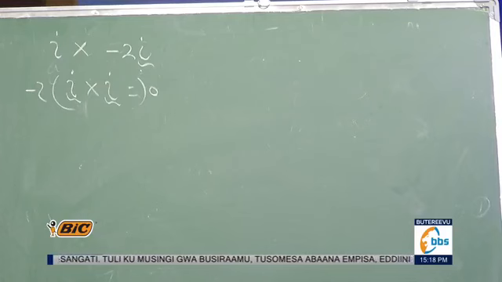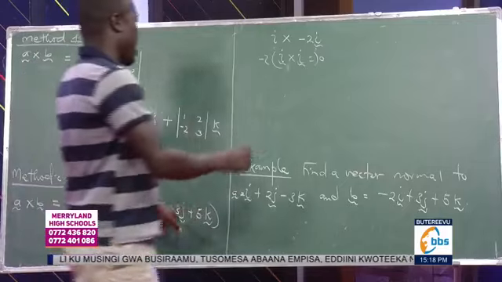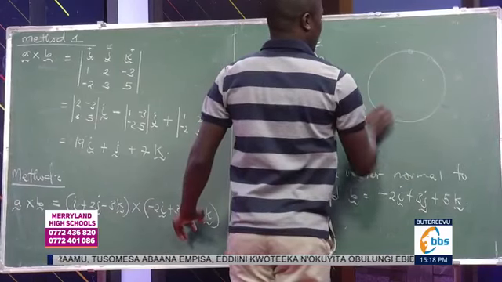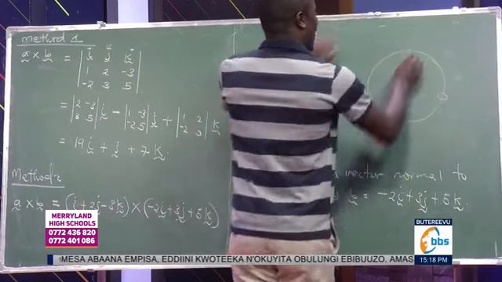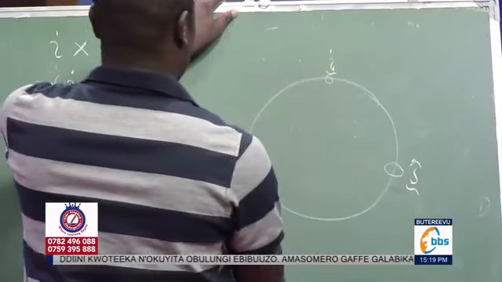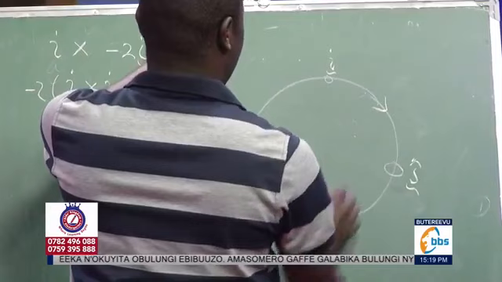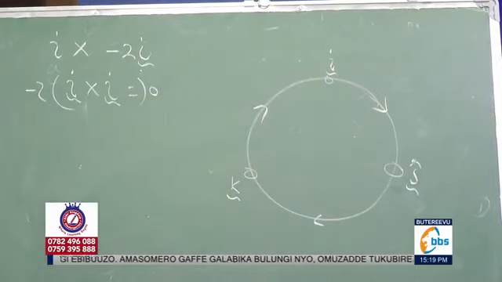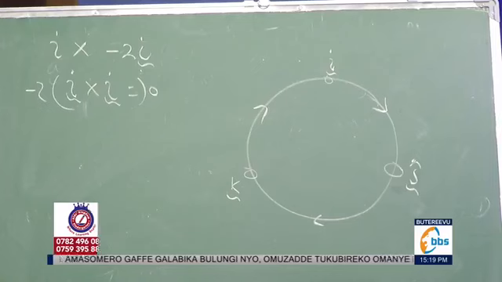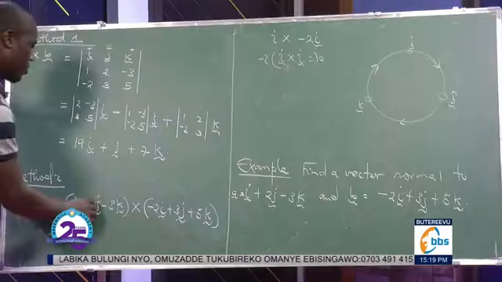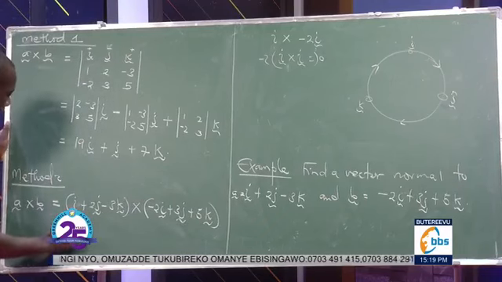And then this and that, we have I cross J. If you draw your diagram, we have I, J, and then K. So I cross J is a positive K. So we are getting this with that. That is a positive K. And then we have 2 times 3, which is 6. So we already have 6K.